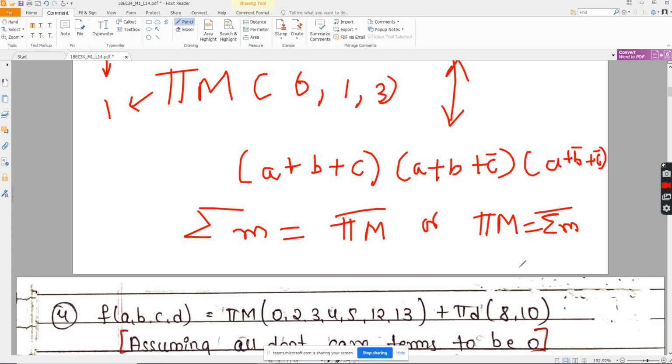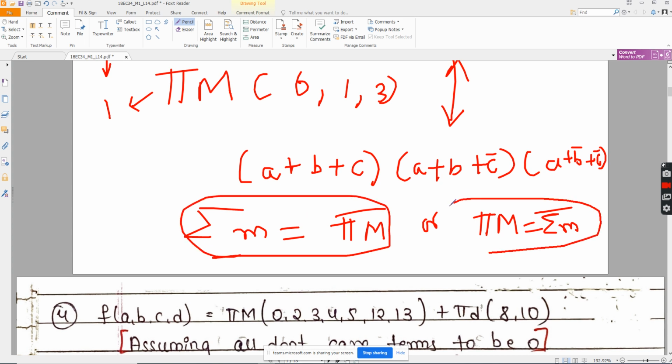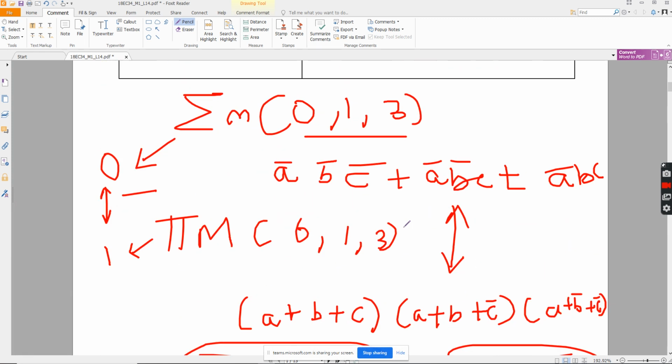So in this way, we will be relating a min term list with a max term list. That is a complementary relation, because the complement of 0 is 1 and the complement of 1 is 0. That's how the relation goes.